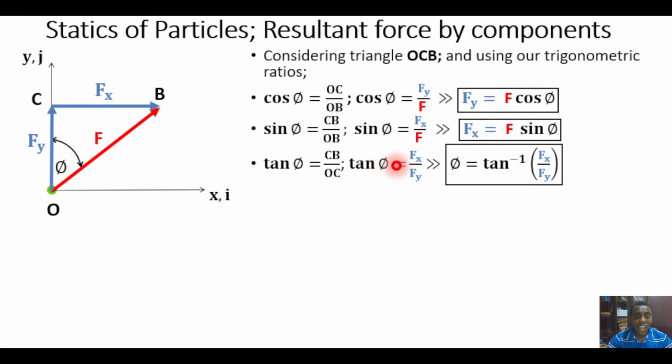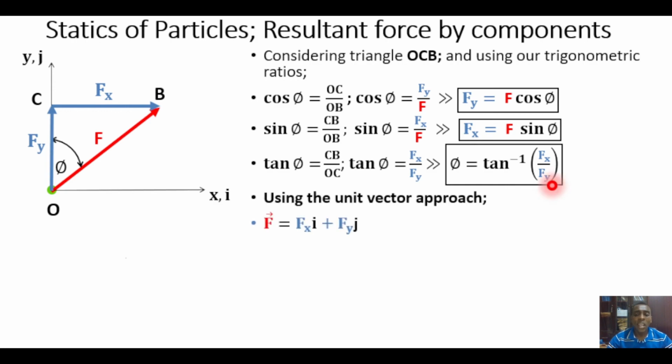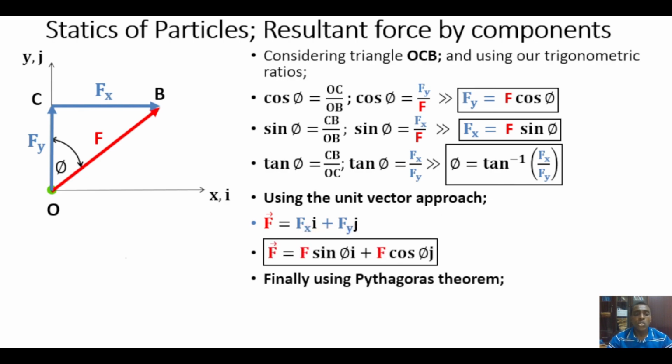Now you see that tan phi is Fx over Fy, which is opposite to tan theta, right? Then I can say that phi is tan inverse of Fx on Fy. So using the unit vector approach like before, I have Fx along the i, which is the x direction, then I have Fy along the j, which is the y direction. Finally, using Pythagoras theorem, I can say that F squared equals Fx squared plus Fy squared.